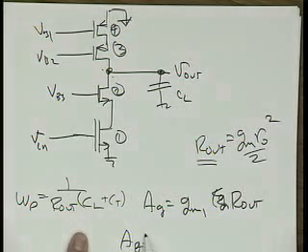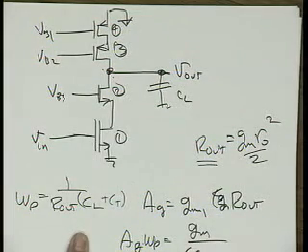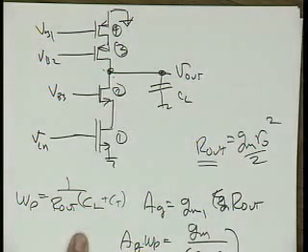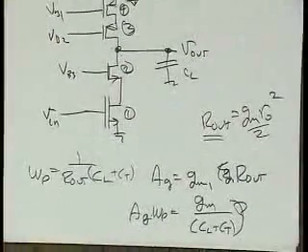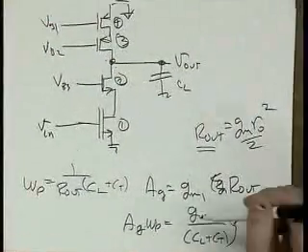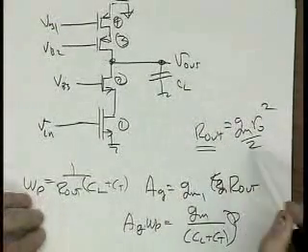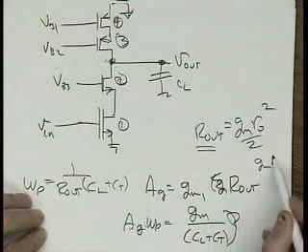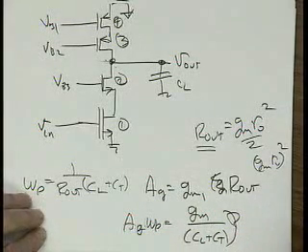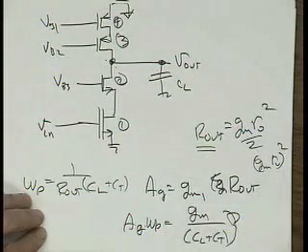A sub G times omega P is equal to GM1 over CL plus CT. Didn't change. The gain went way up. The gain here is GM R out quantity squared. That's what telescopic gives you. But the gain bandwidth product didn't change, so therefore what happened to the bandwidth?